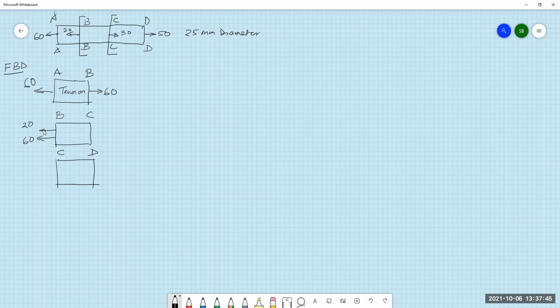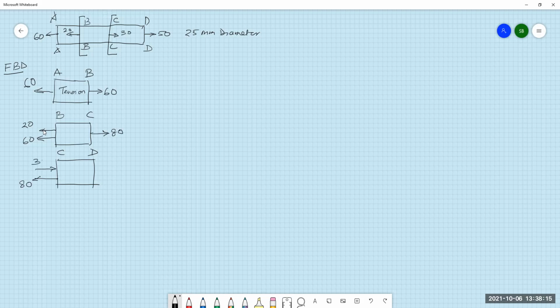In order to make the portion of the bar BC in equilibrium, we have to put an imaginary force 80, that is 60 plus 20 kilonewton rightwards at section C. This imaginary force we balance by putting another imaginary force 80 with opposite orientation, leftwards, at the same section C in the free body diagram of C to D. Now at section C, we have one rightwards force of 30 kilonewton.